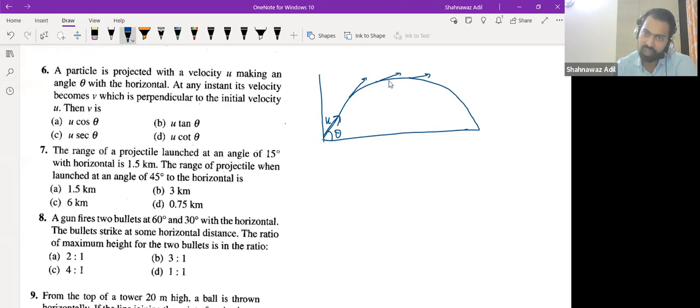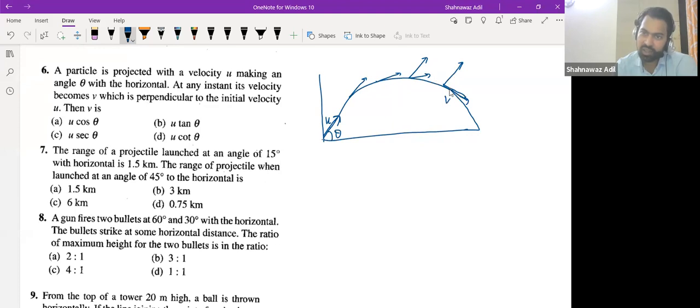Perpendicular to this one? No. Because, remember, I can always take this vector in here. So this is this direction. Now then I have to go down, right? And now is this perpendicular? Yes.